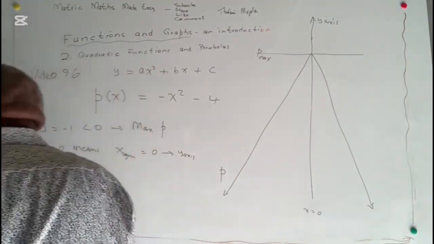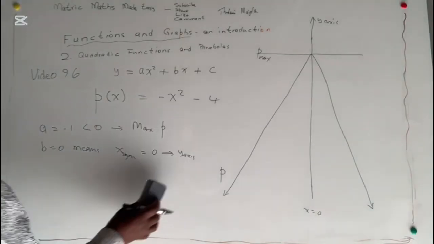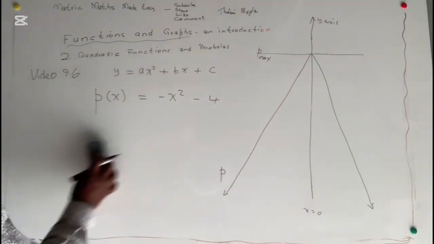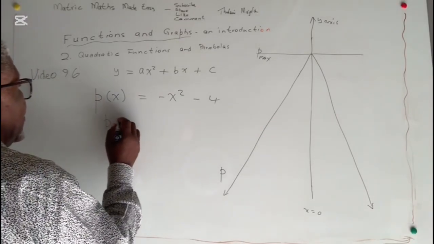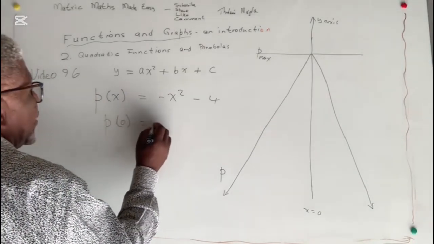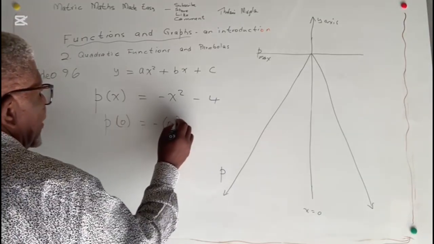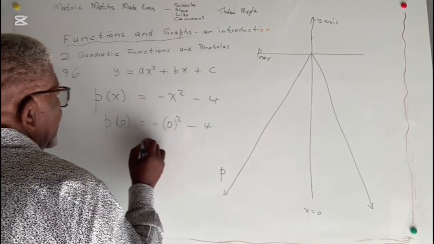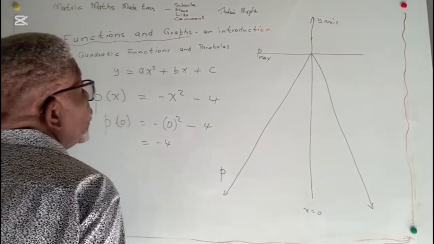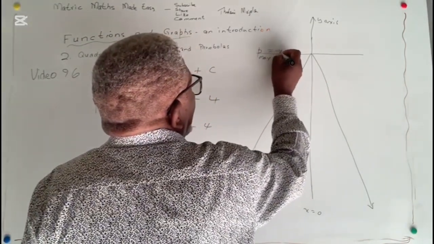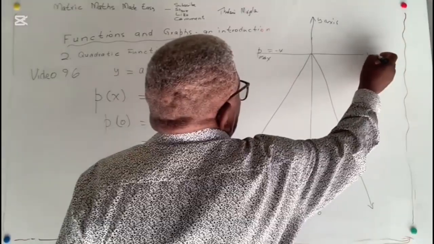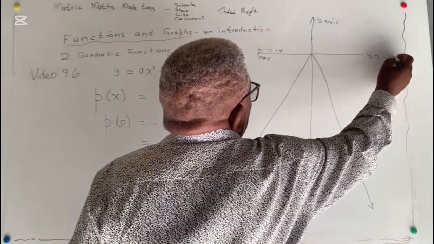When x is equal to 0, you get your maximum p. So p of 0 equals negative 0 squared minus 4, which is equal to negative 4. So the point here is that p equals negative 4, or rather y equals negative 4, because this is your y-axis.